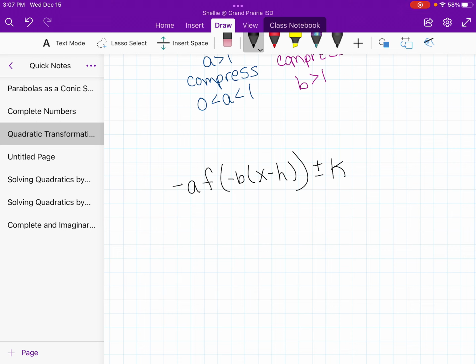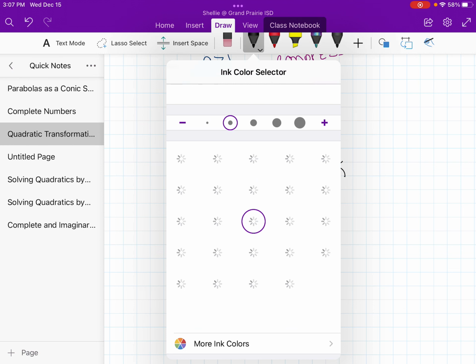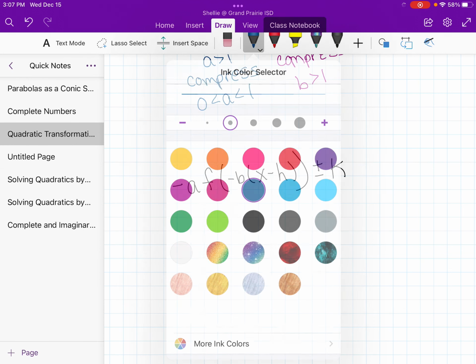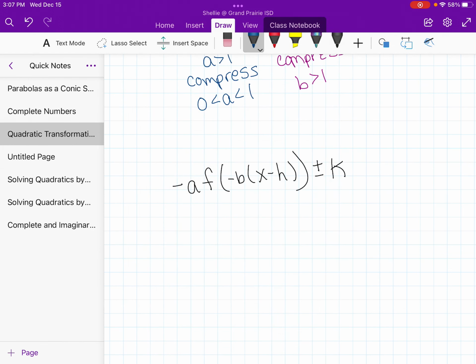All of these transformations are going to be exactly the same. Okay? So everything outside those parentheses is still going to be vertical. So out here, if you start with that negative, that means you have a vertical reflection. If you have this A value, that is still going to be your vertical stretch or compress.